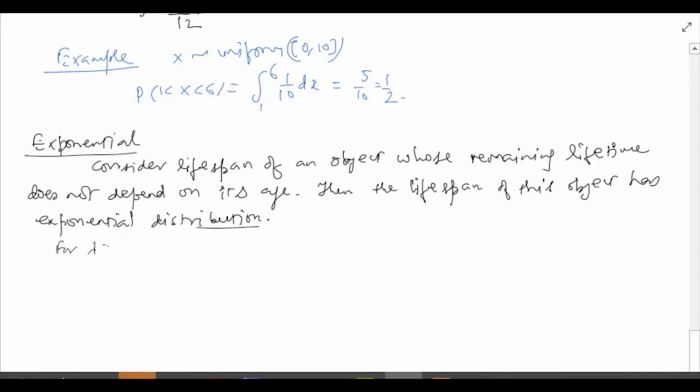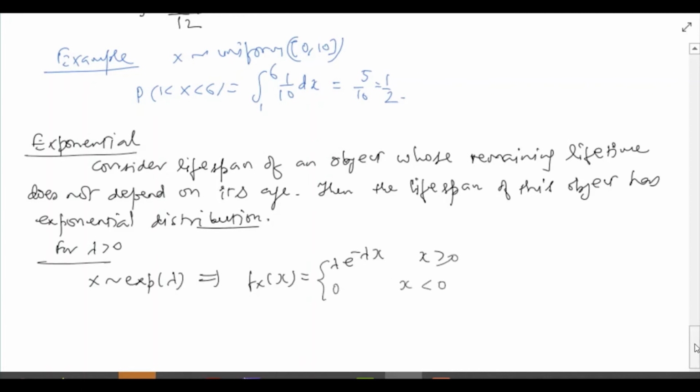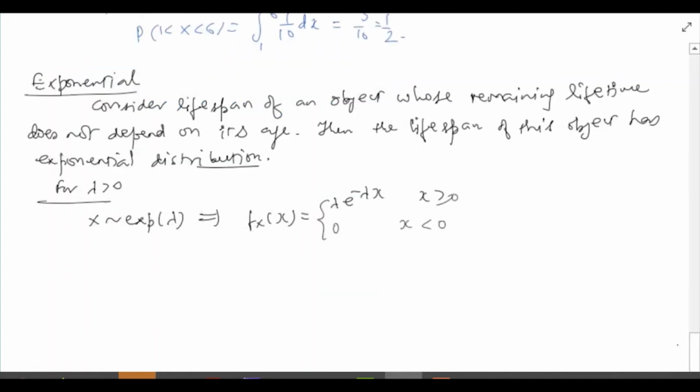For a number lambda greater than 0, we say that x has exponential distribution with parameter lambda if its density is lambda e raised to minus lambda x for x greater than or equal to 0, and it's 0 for all x that are negative. Since we are talking of lifespan, it's natural that density be 0 for all the negative values of x.